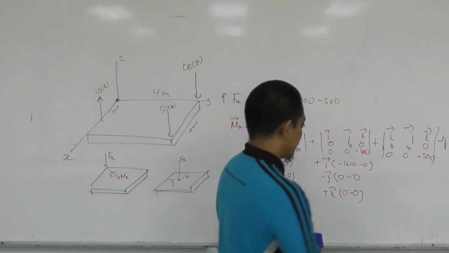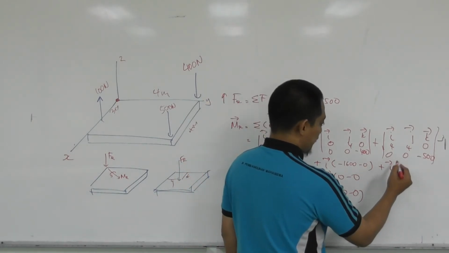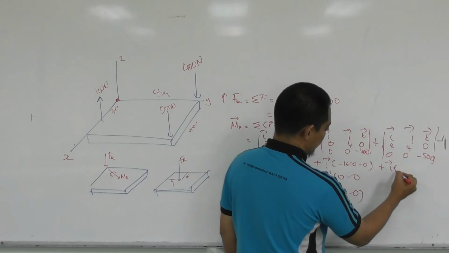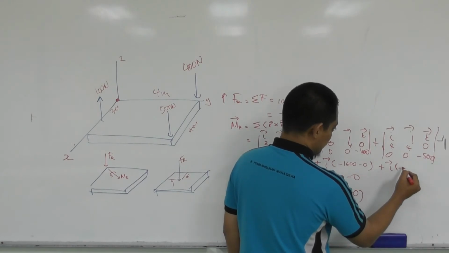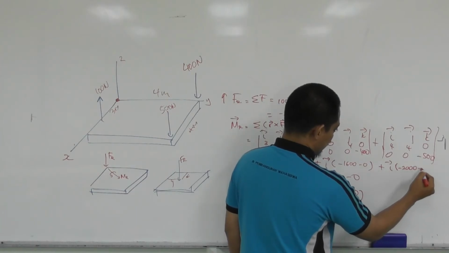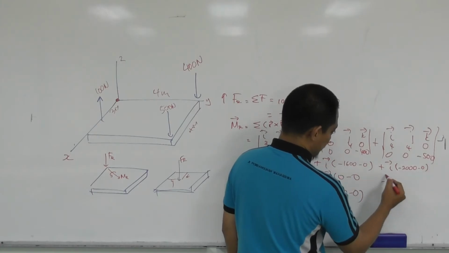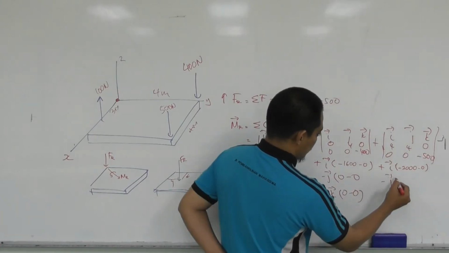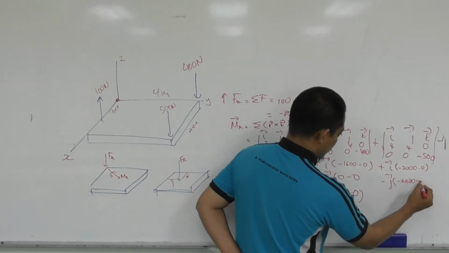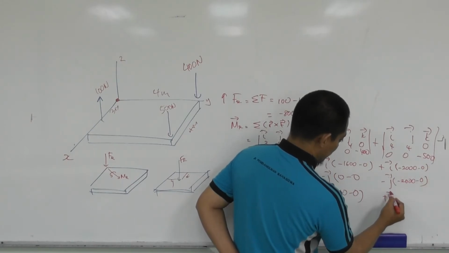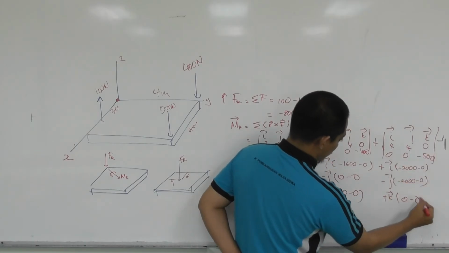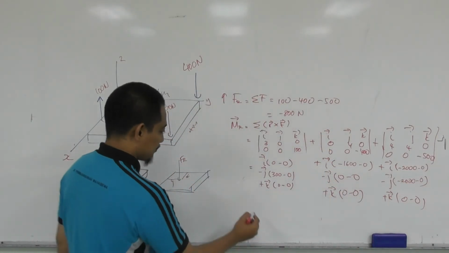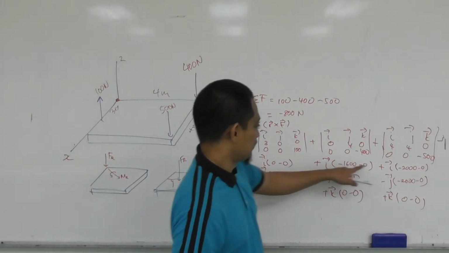Here, plus i will be minus 2000 minus 0, minus j, minus 2000 minus 0, plus k, 0 minus 0.